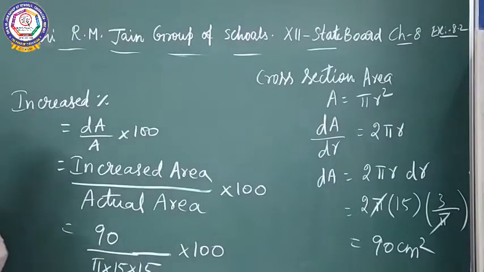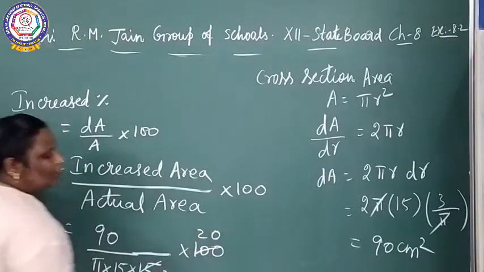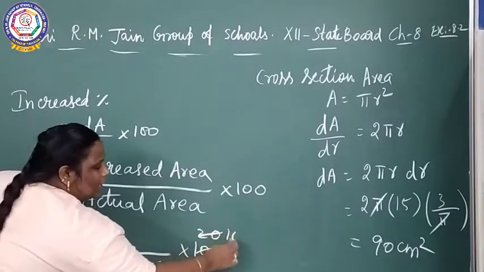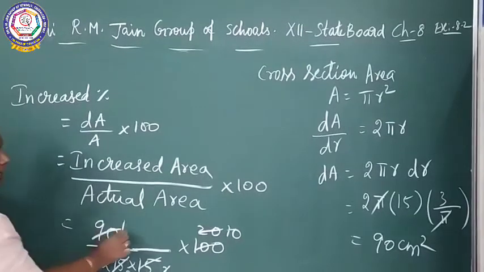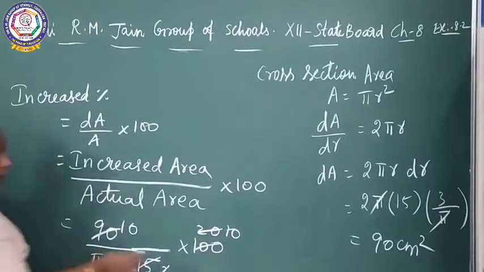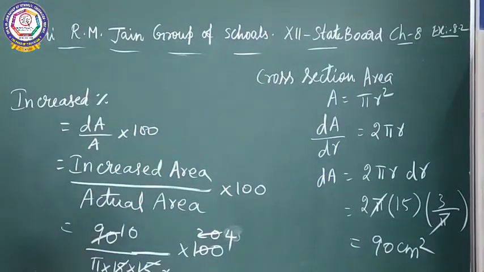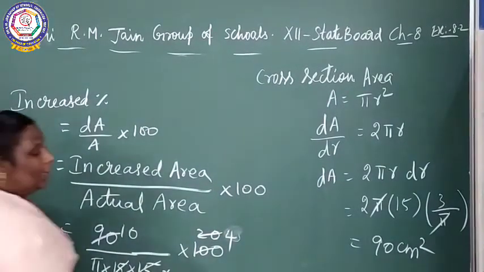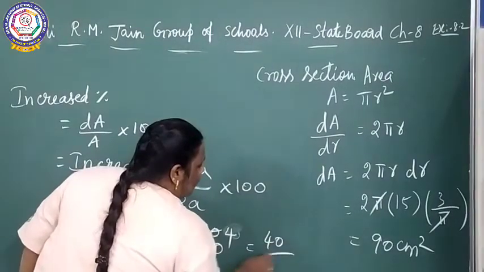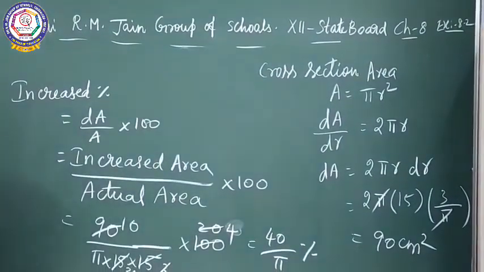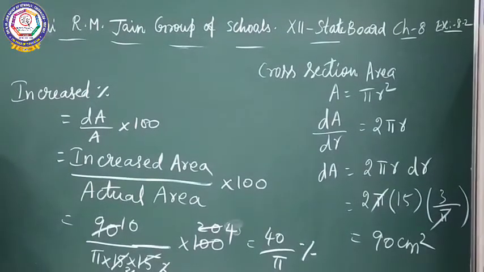See here, 5 4s are 20, 3 3s are 9. So it gives 40 by pi percentage.